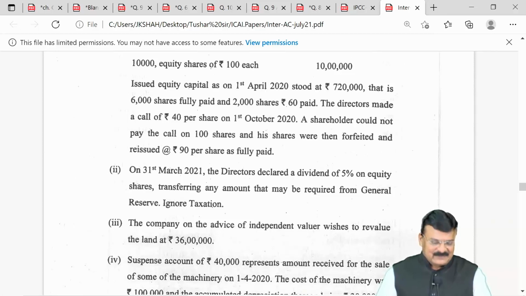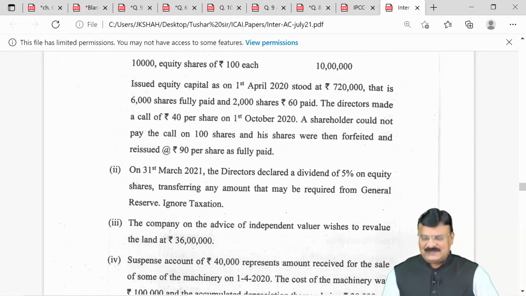Opening balance, that is 6,000 shares fully paid, 6,000 into 100, 6 lakhs, and 2,000 shares 60 paid, partly paid, means final call of 40 was pending at the beginning of the year on that particular category of share. Directors made a call of rupees 40 per share on 1st October 20. So during the year the call was made.